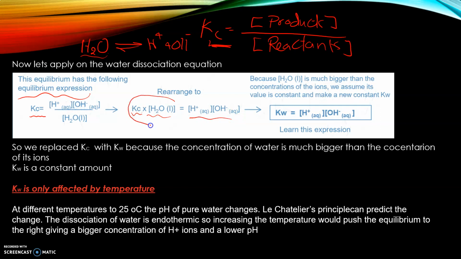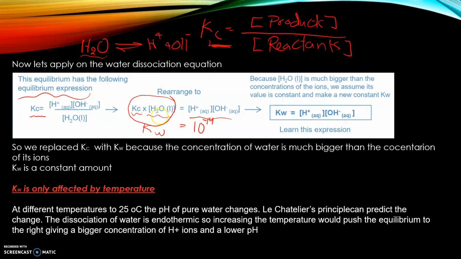This we can refer to as Kw, which is the dissociation constant of water, and it equals the concentration of hydrogen times the concentration of hydroxide, and when you multiply them, it equals 10 to the power of minus 14.